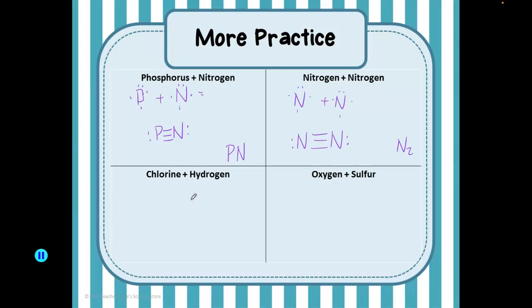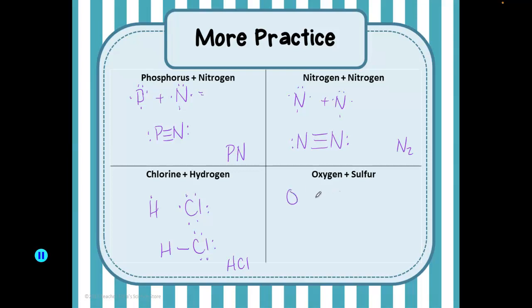Chlorine has 7 valence electrons, and hydrogen has 1. So with this one, we have a single bond. And then our chlorine has 6 more, so 2, 4, 6, 8, and 2 for hydrogen. If we look at electronegativity, hydrogen goes before the chlorine, so it's HCl.